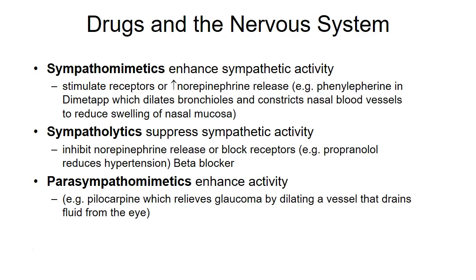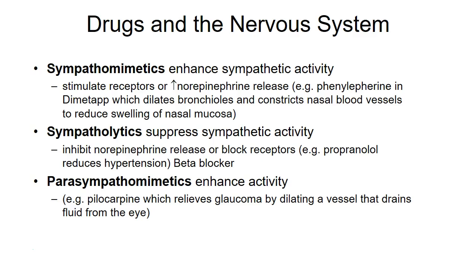It shouldn't surprise you that we can also have drugs to promote the activity of the parasympathetic nervous system. Remember, we can talk about agonists and antagonists, but we could also try to increase the amount of neurotransmitter by decreasing reuptake or decreasing the chemical breakdown. Those two can be mimetics.